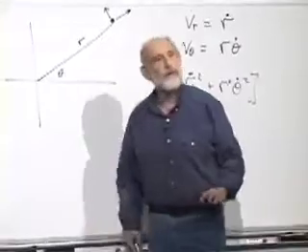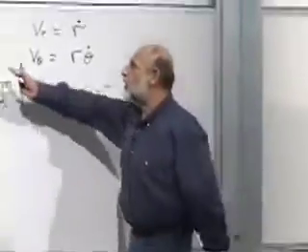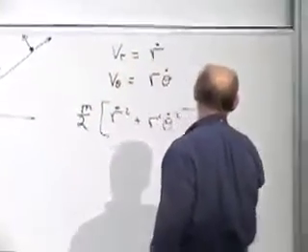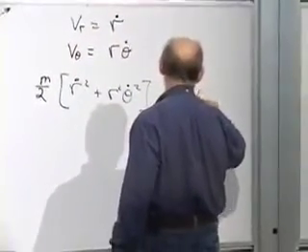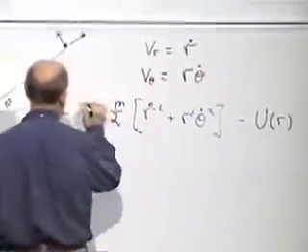The central force problem is the one where the force points toward or away from the origin and is equivalent to the statement that the potential energy only depends on r and not theta. So let's subtract off minus U of r. That's not the energy now, that's the Lagrangian.